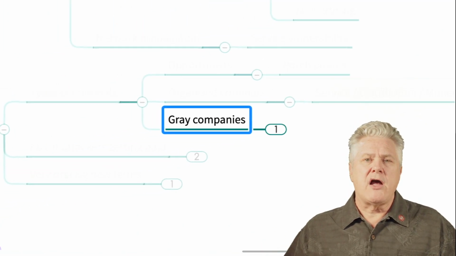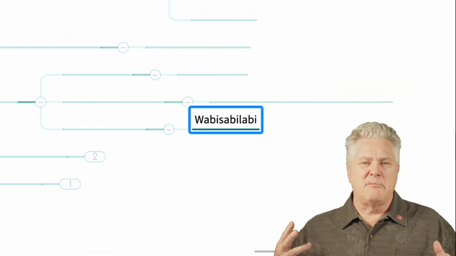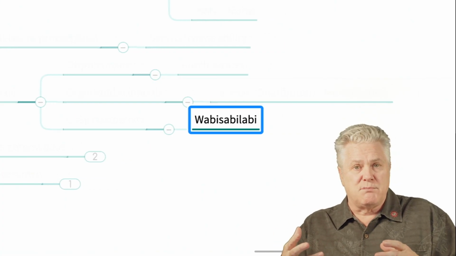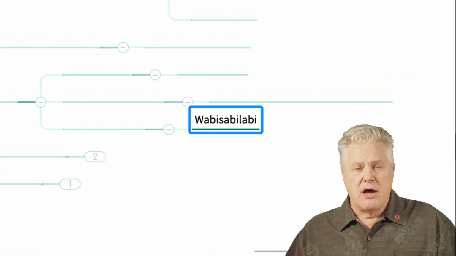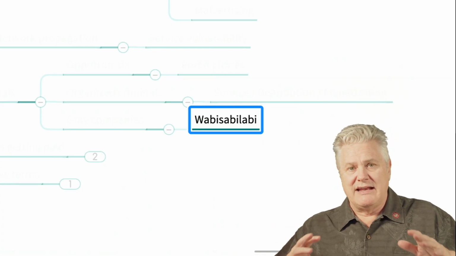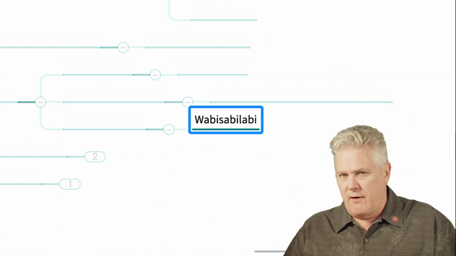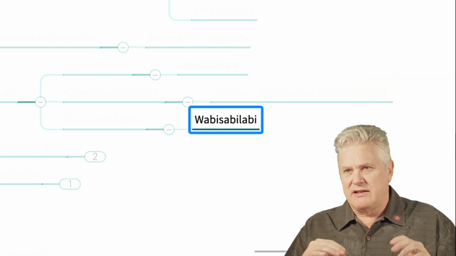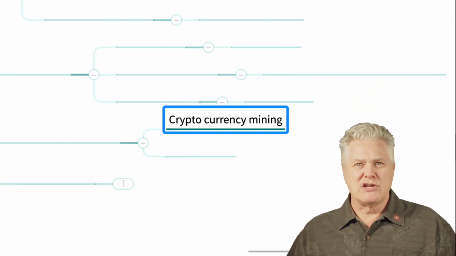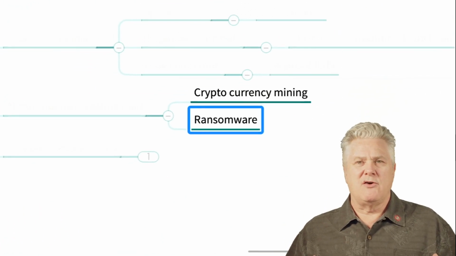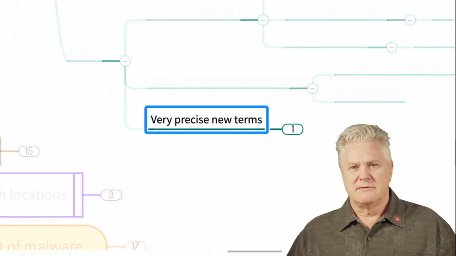And then there are the gray companies like Wabi Sabi Lobby that will actually build you an exploit if you pay them. It's a whole bidding process that goes on in a marketplace there. It is legitimate to make that software. It is illegitimate to distribute it. Now it's about the attackers getting paid. It's usually going to be some sort of cryptocurrency mining or some sort of ransomware out there.